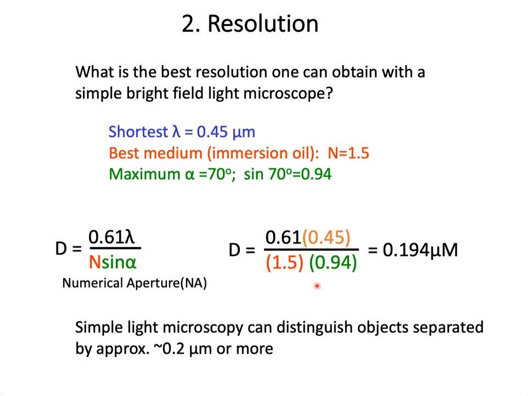So if you put all the values into the formula, the result is 0.194 microns, or approximately 0.2 microns for a simple light microscope. Anything smaller than 0.2 microns will appear as one object when conducting simple light microscopy.